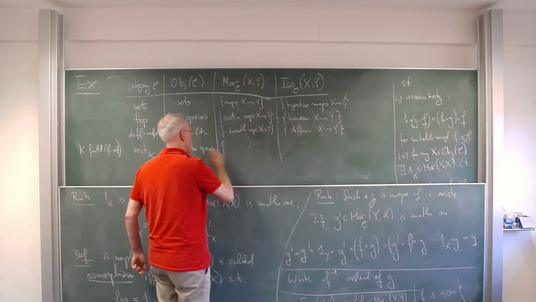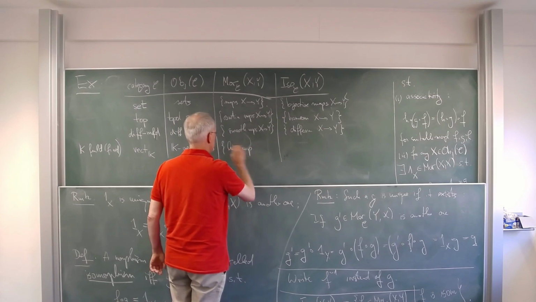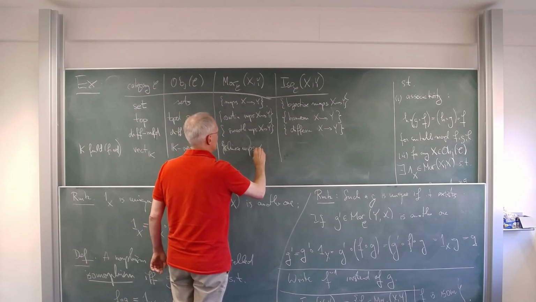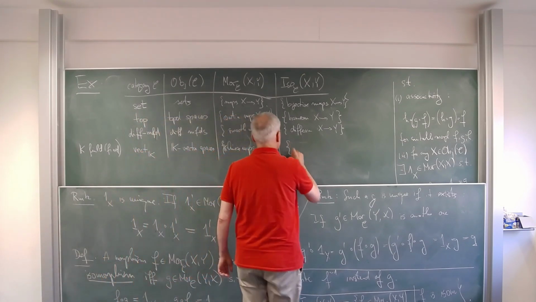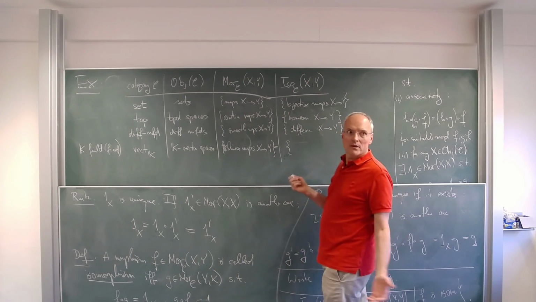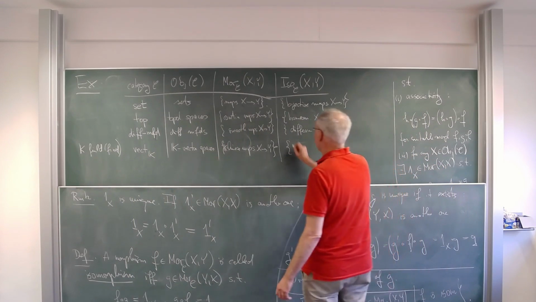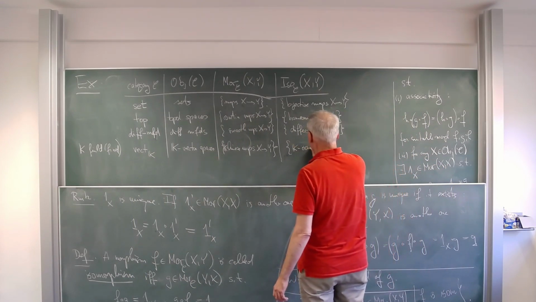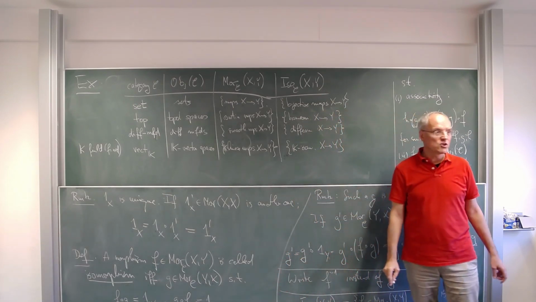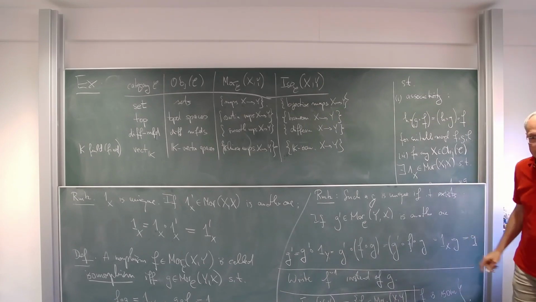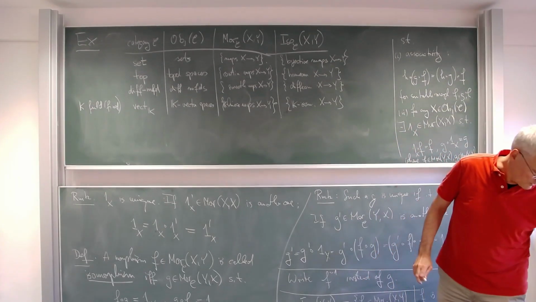The corresponding morphisms are linear maps, K-linear maps from X to Y. And the isomorphisms are K-isomorphisms in the sense of linear algebra, right? And in this case, I could actually say bijective K-linear maps, because then the inverse would automatically be K-linear.